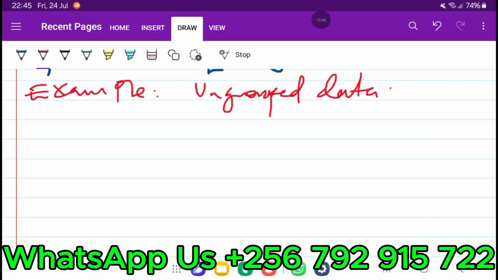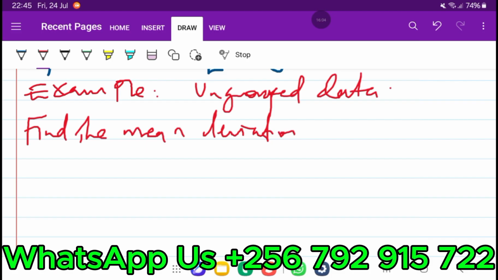Just take a small number. Find the mean deviation of the set of numbers.